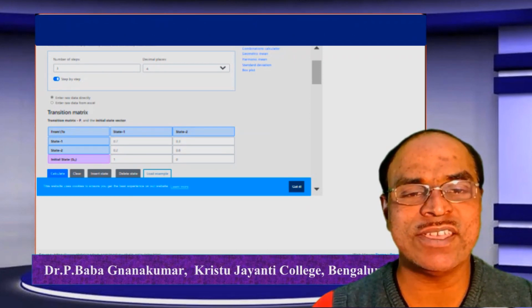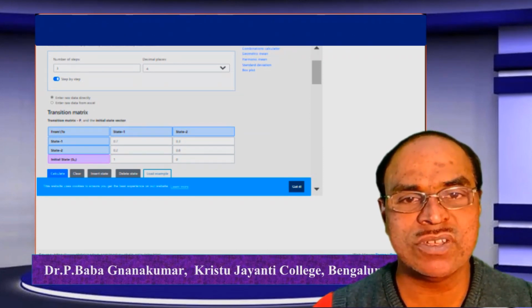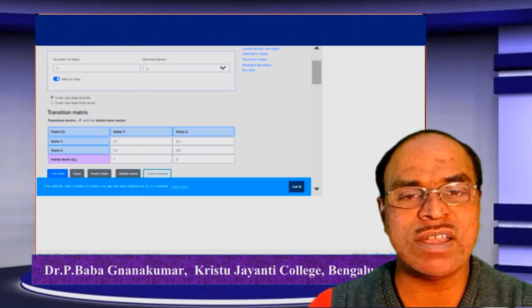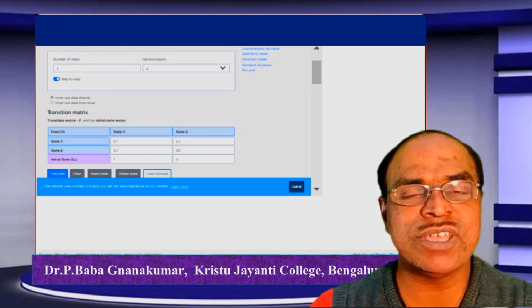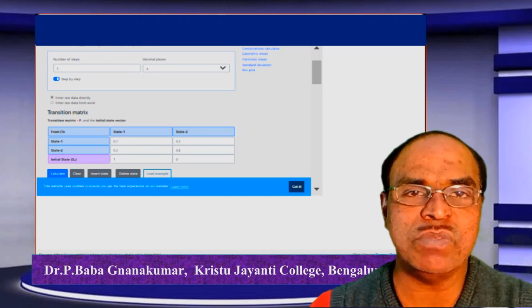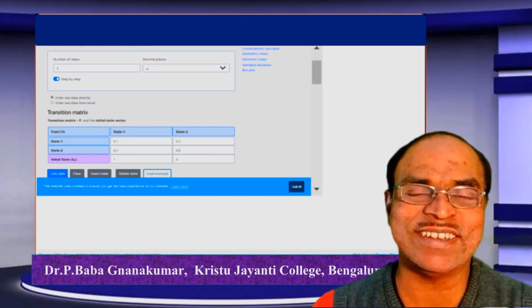Even so, we can calculate with the help of some simple examples. Now there are a number of tools available. Online calculators are there, so you can use the online calculators and find out the probability of the shift from one state to another.